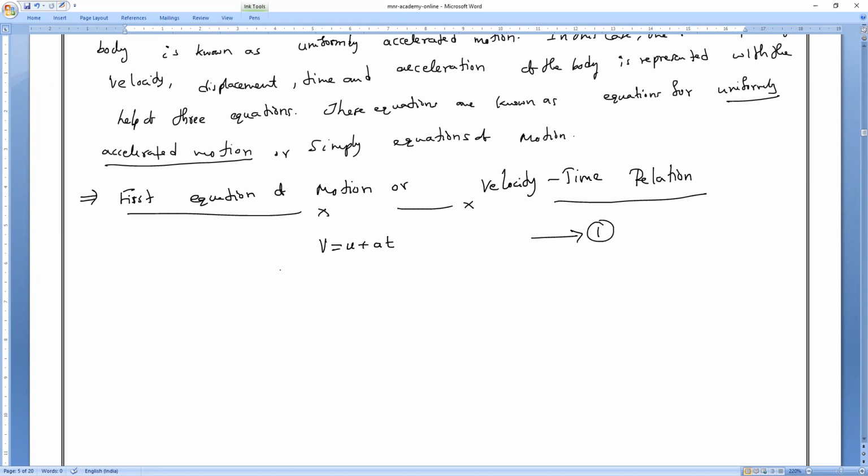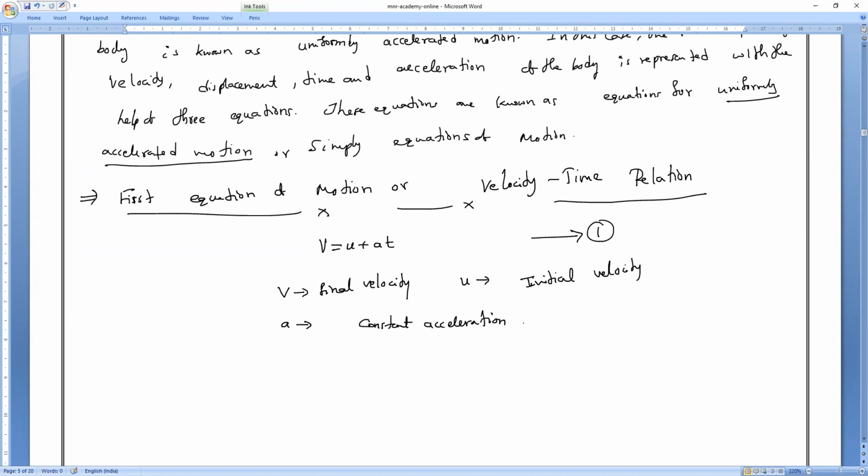First equation. Clear? Can you tell me what V means? V means final velocity. U means initial velocity. A means acceleration, constant acceleration. Clear?